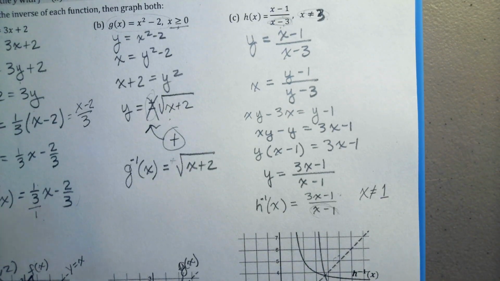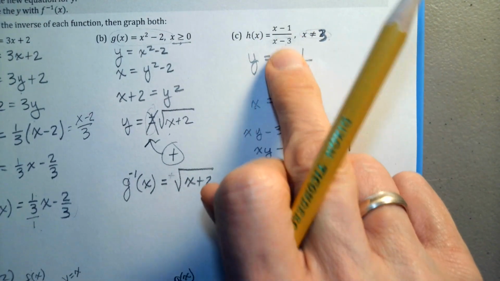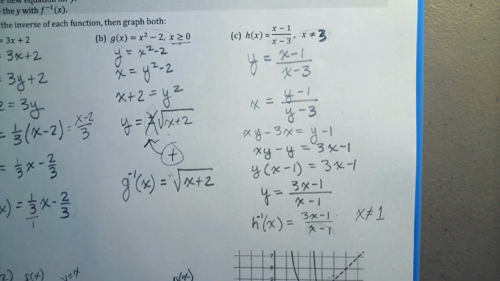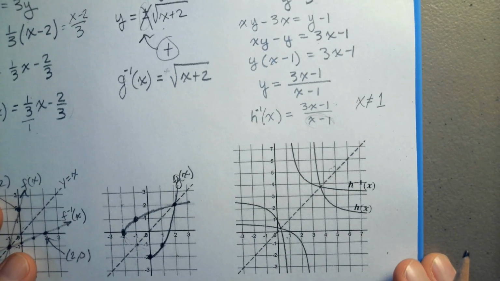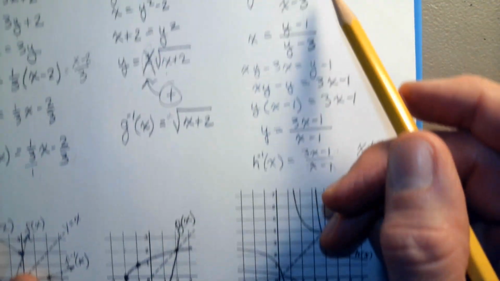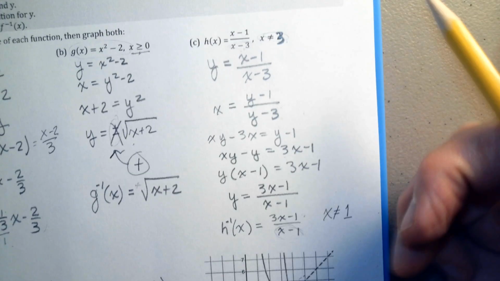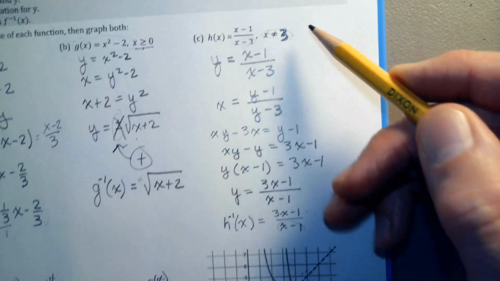All right. So we know this function is a rational function, and we're going to have asymptotes. Now I already graphed the two functions for us, just so that it was kind of easy. Otherwise, it would be a little bit crazy. But the first one is h of x, which is down here. Notice it's got a vertical asymptote at 3.